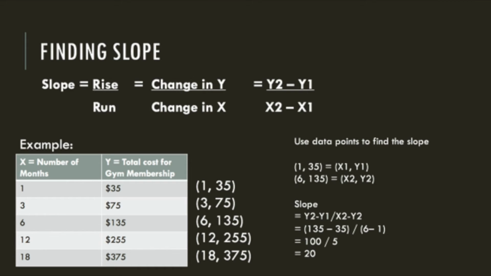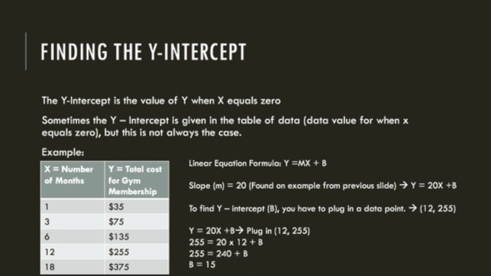I choose (1, 35) and (6, 135). I will assign them as x1, y1 and x2, y2. Plug the values into the equation to find the slope. The slope is 20.